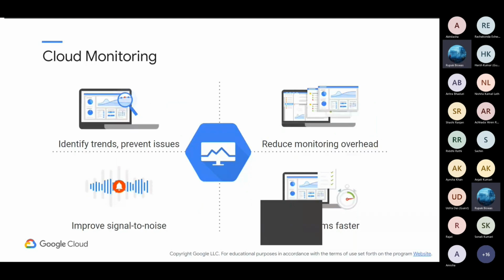As the name suggests, cloud monitoring identifies trends, prevents issues, improves signal to noise, fixes problems faster, and reduces monitoring overhead. Whatever service you run in the system will be monitored in real time. Of course, you can configure which things you need to see and turn off those you don't need.